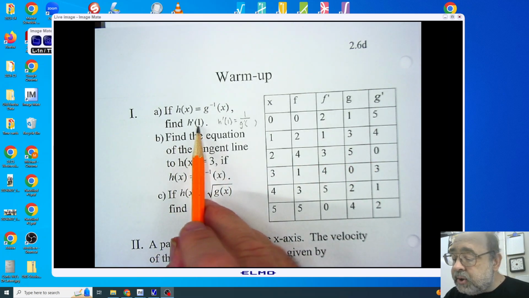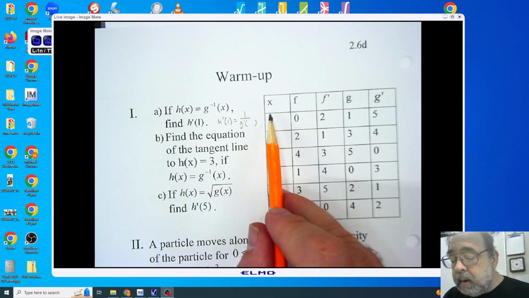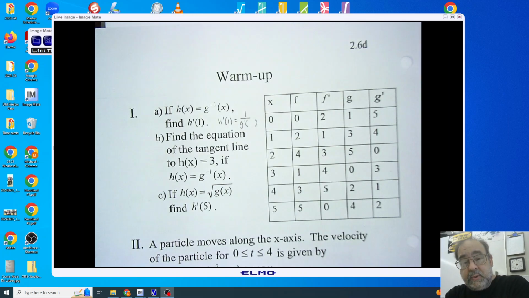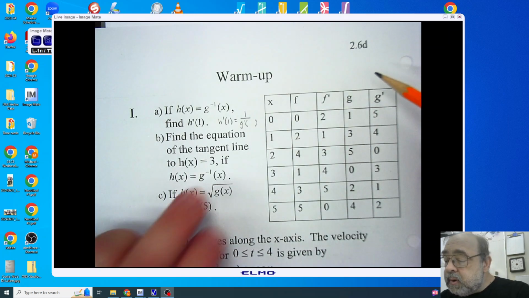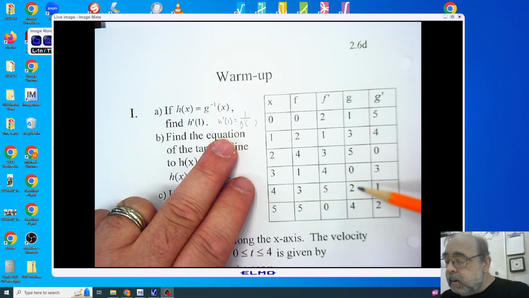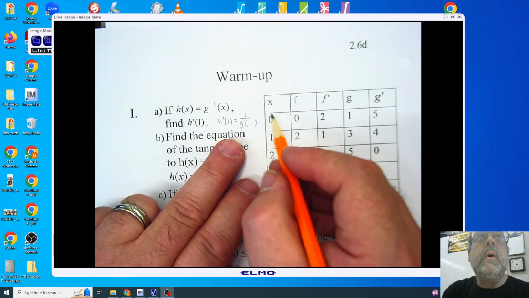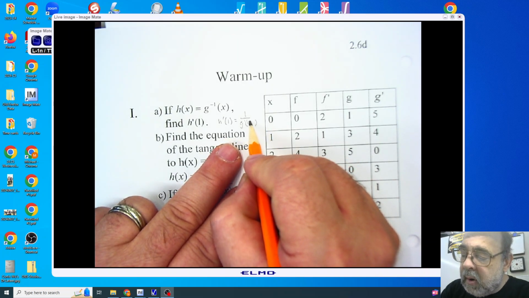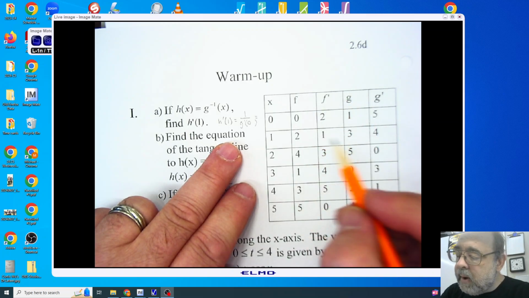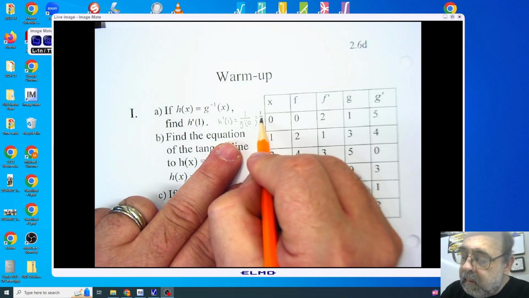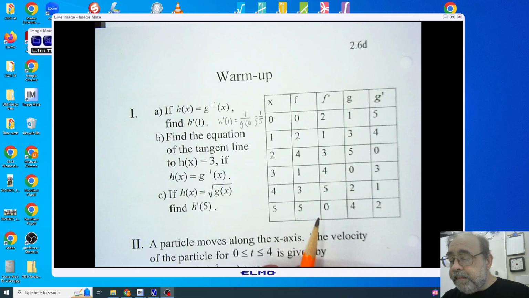And if this h has a 1, according to the points, they had to flip. So if I were looking at g, this is the y value in g. I'm going to look along the g column, and find where I have a 1. And you'll notice that 1 matches with x equals 0. So I'm now putting a 0 here, and I'm ready to look for g prime of 0, which is 5, and my answer is 1/5.